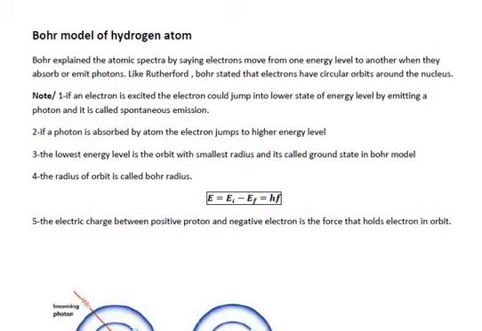It does that without any external effect. So every electron wants to get rid of that extra energy that it has to return back to its original state. The second one says if a photon is absorbed by an atom, the electron jumps to a higher energy level.